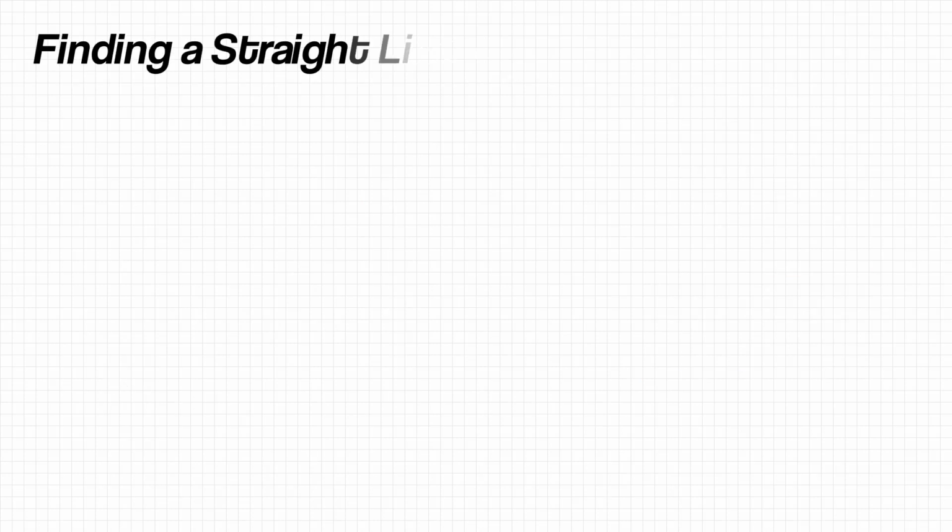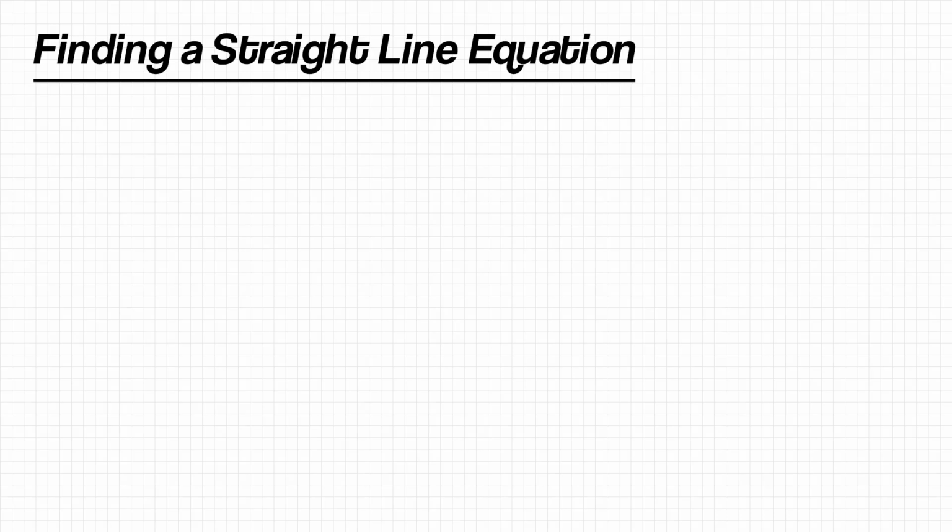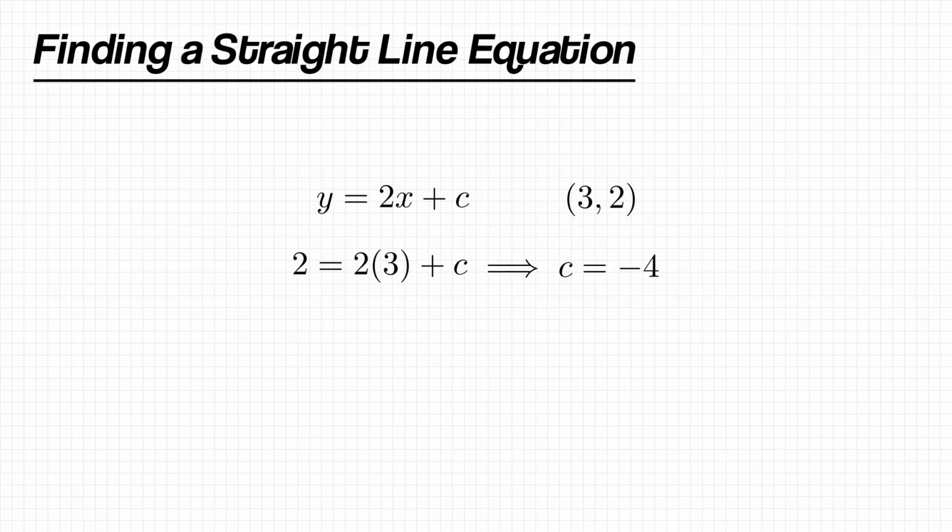We need to be able to find the equation of a straight line that passes through a specific point. For example, let's say we want to find the equation for a straight line with gradient 2 that passes through the point (3, 2). First, we sub the x and y coordinates into the equation, and then we rearrange to solve for the necessary value of c.